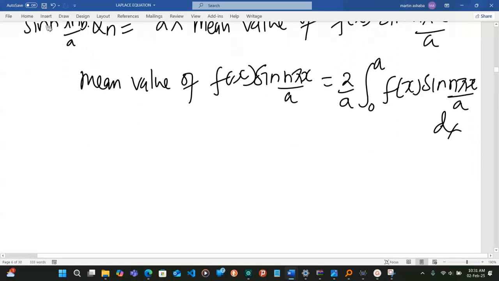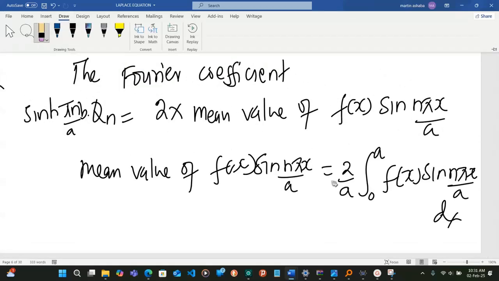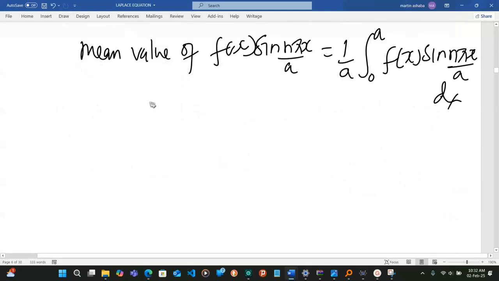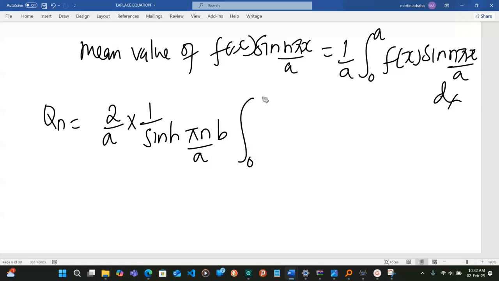So that means I'm just going to substitute in here. It is supposed to be 1 out of. So I'm going to say that c_n will therefore equal 2 out of a times 1 out of a hyperbolic sine of (nπ out of a) times b, integrating from 0 to a of f(x) sin(nπx out of a) with respect to x.